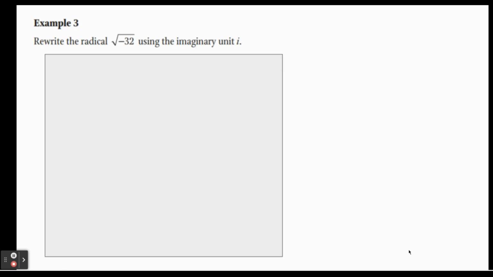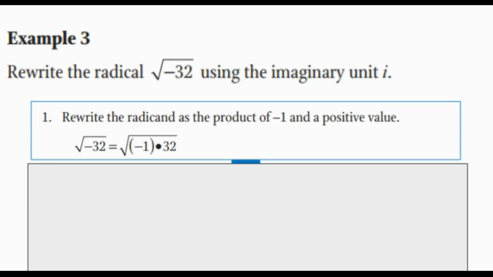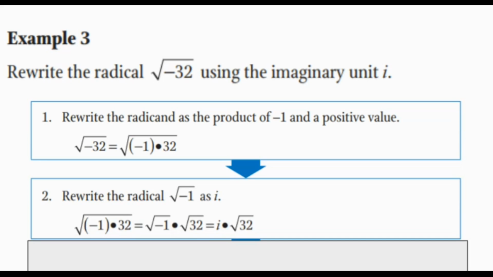Most of the time, we're going to be doing problems like example 3 here, which says rewrite the radical square root of -32 with the imaginary unit i. So step 1 is to identify that square root of -1, and there it is. And we're not going to be able to simplify that other than make it an i.